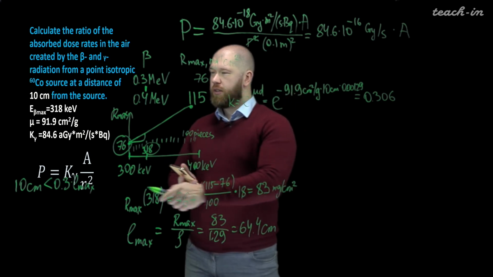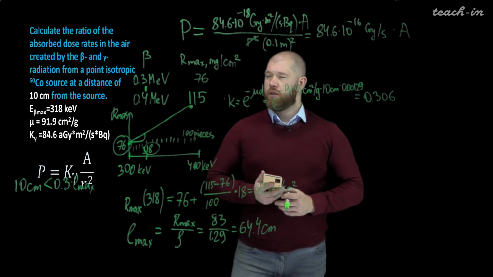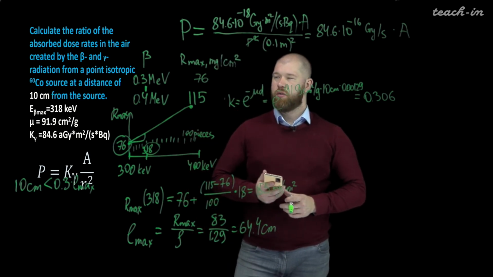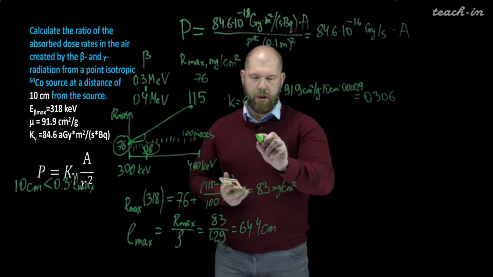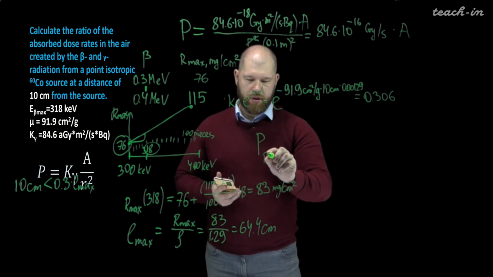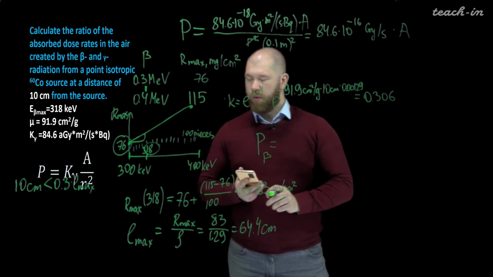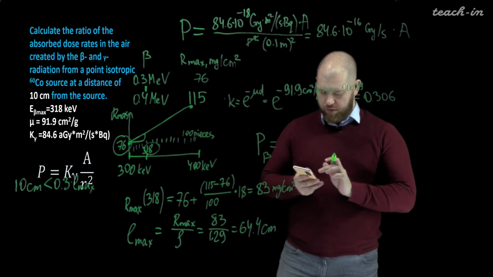Here you can see this equation for dose rate for gamma quanta, and for beta particles it will be quite similar equation.